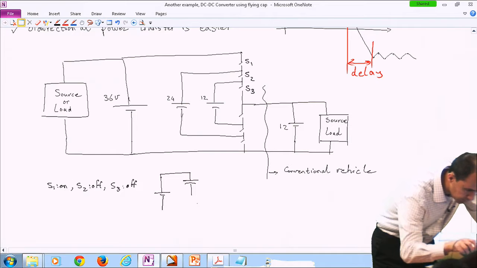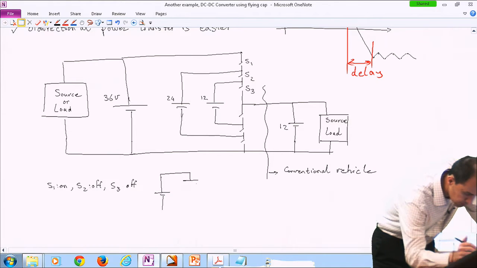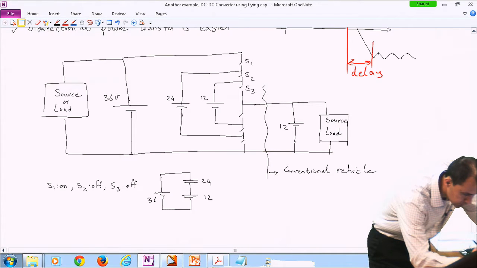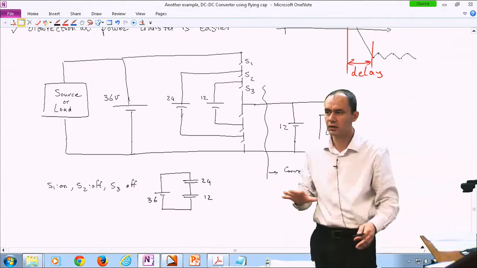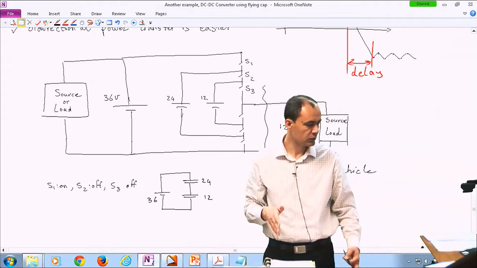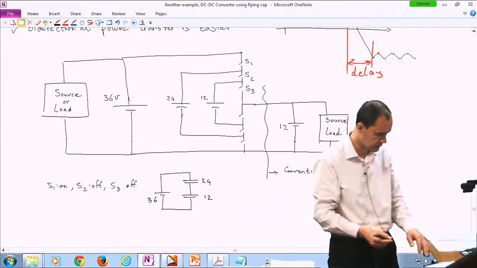I'm not going to draw the polarity of these caps because I may miss something, so I'm just going to assume they're non-electrolytic caps. Because you have a system like this, you're not violating KVL. All you're doing is charging both the 12-volt and 24-volt capacitors.